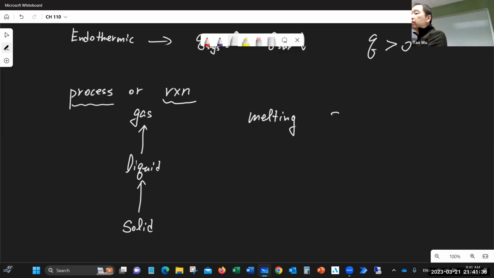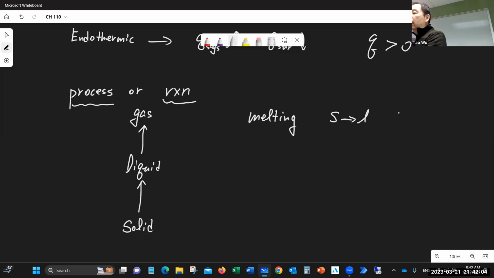Melting is from solid to liquid. Is it a temperature increase or decrease? Temperature increase. So that's going to be endothermic, because the water needs to heat up. If the water is not going to heat up, how is it going to melt? No, right? So you go from solid to liquid.